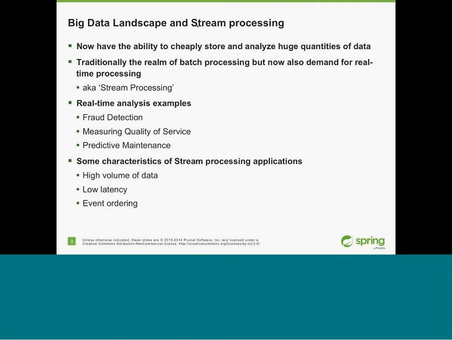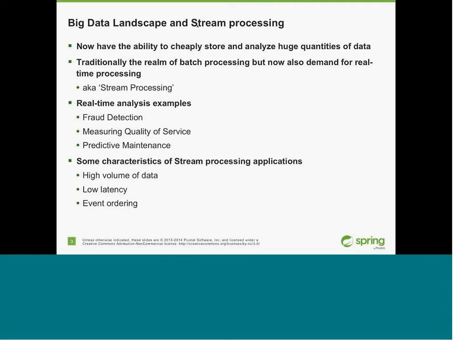A high volume of data, the desire to process this high volume of data with low latency, and on top of that, the requirement to process this data in a stateful and ordered fashion. What does that mean? It means that not only do we want to get all this data in, but for cases like fraud detection, the sequence in which events happen is relevant to detecting fraudulent activity.